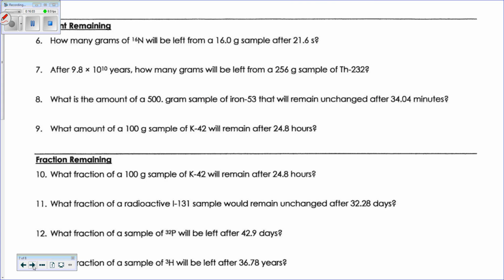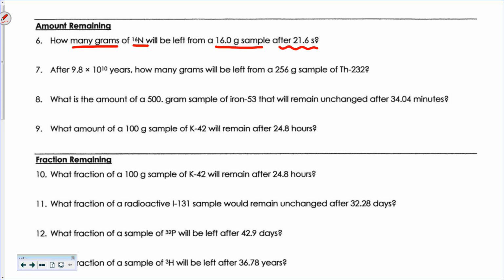So here, it's showing us our amount that is remaining. So let's do number 6. So it says how many grams of N-16 will be left from a 16-gram sample after 21.6 seconds. So let's actually figure out what is the half-life.